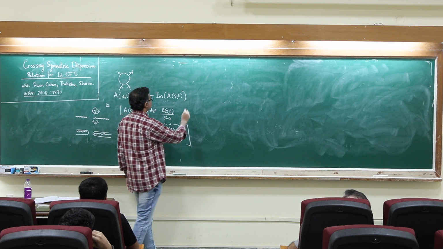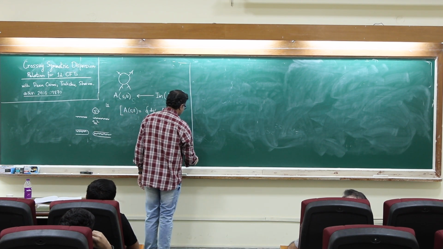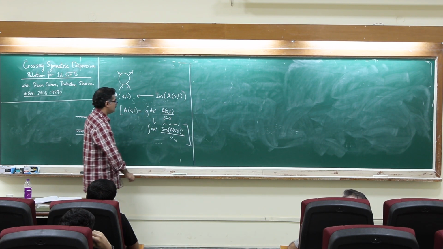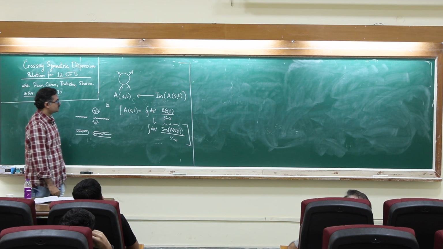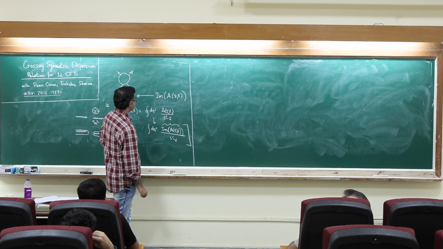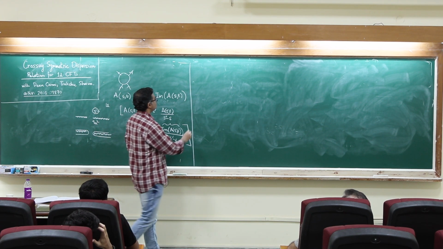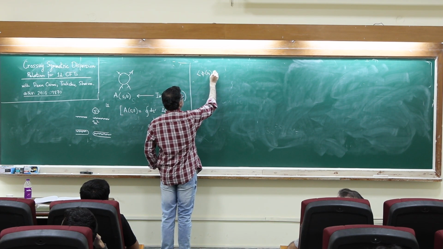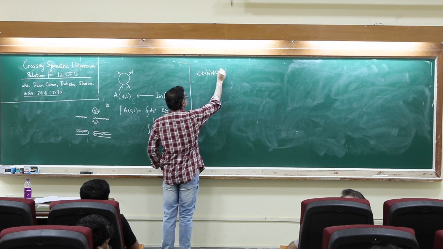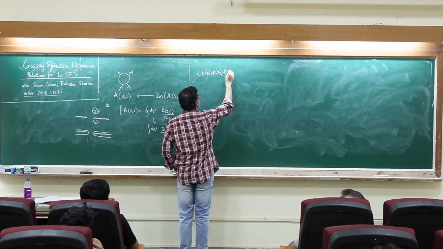Now, the question we are interested in is whether there is an analogous story for conformal field theories, where instead of the 2 to 2 scattering amplitude, we consider the 4-point function of some primary operators.